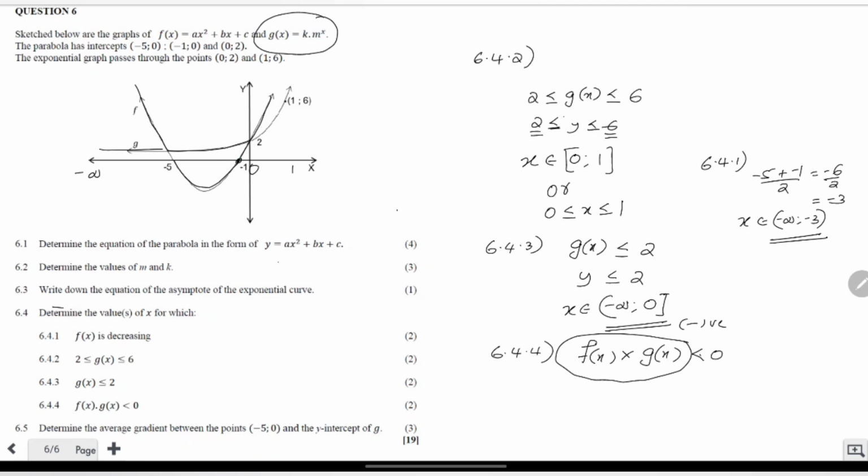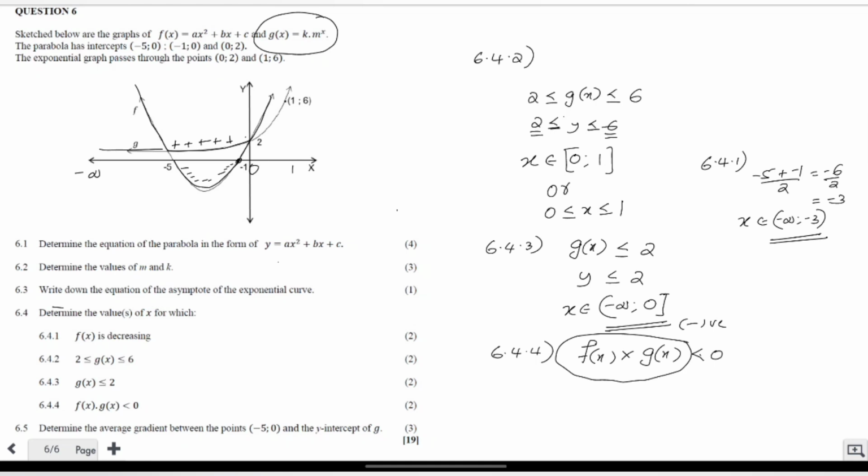Both are above the x-axis, which means we need the part of both graphs from minus 5 to minus 1. You can see that the exponential is the positive part, the parabola is negative. I think you know the reason: the graph above the x-axis has positive y values, and the parabola below the x-axis is negative, because we are dealing with the y values.